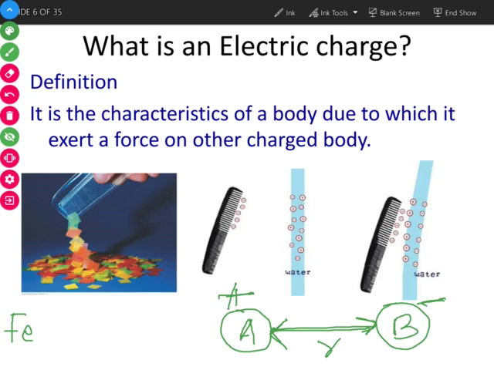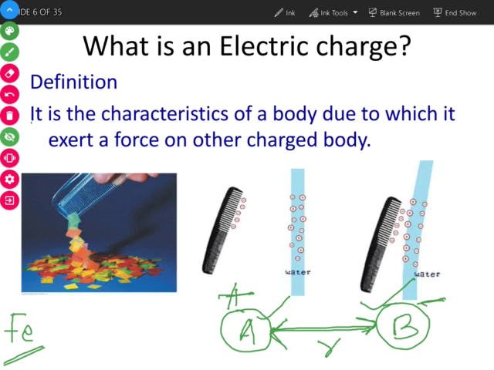They may be charged oppositely, or the same charge may be there in both the bodies. In that case, a force of repulsion works between these two bodies, and if they are charged positive and negative, then a force of attraction works between these two charges. So electrostatic force works on these two bodies when they are charged.